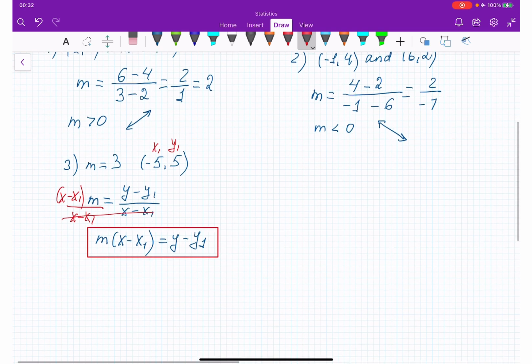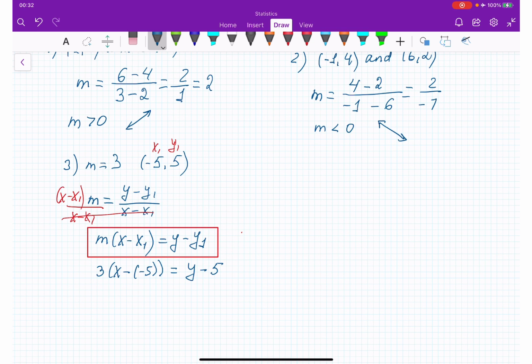Okay. So now what I'm going to do, I'm going to plug in m, x1 and y1. Our m is 3. X minus x1 is x plus 5, equal y minus my y1, which is 5.